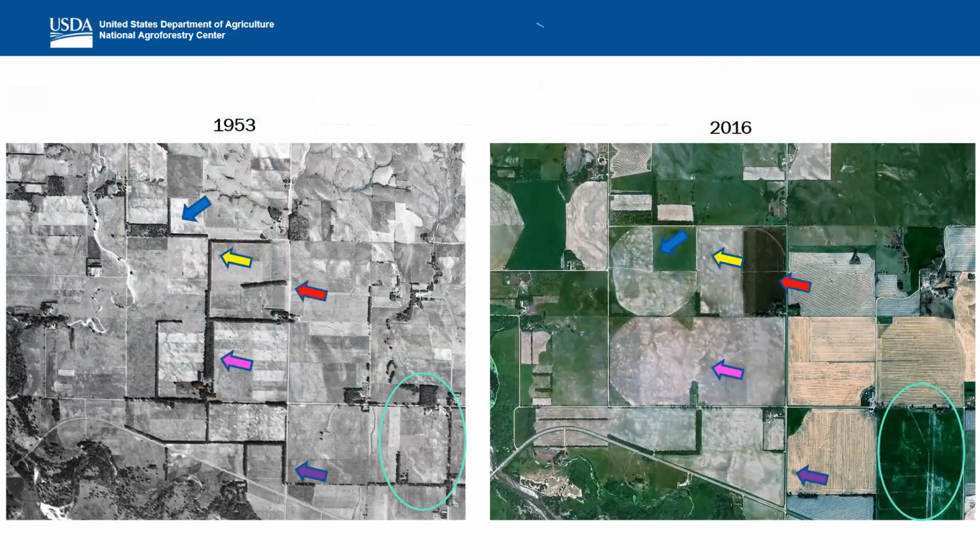Here's another example going back a little further in time, from the 1950s to a recent one. And there's a variety of reasons that have led to the changes in these agroforestry plantings.